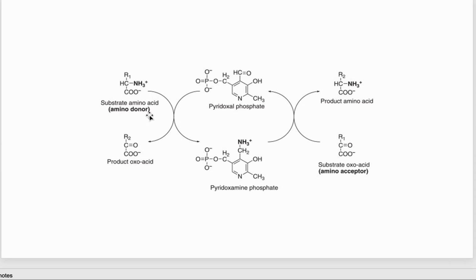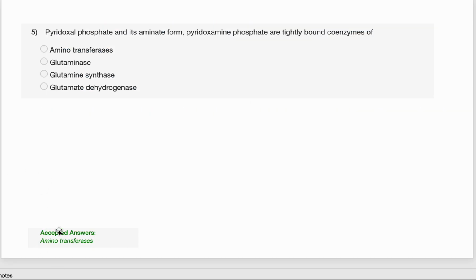This is the substrate amino acid. It becomes the product oxo acid while adding NH3+ here, and again from the substrate oxo acid you get the product amino acid like this, by this transforming into this and losing this one. So this is the main reaction. This is why the correct answer was aminotransferase.